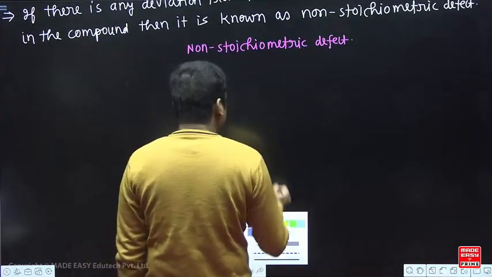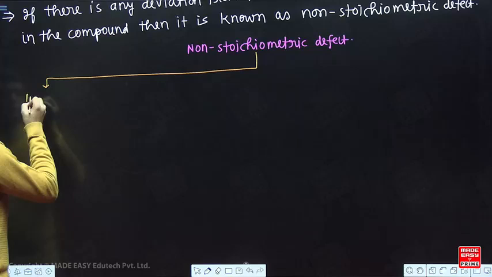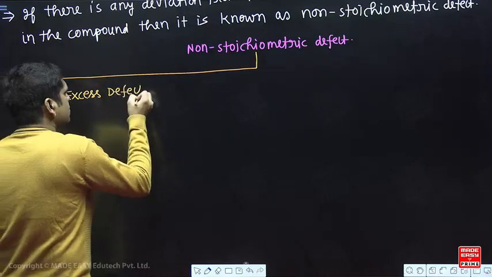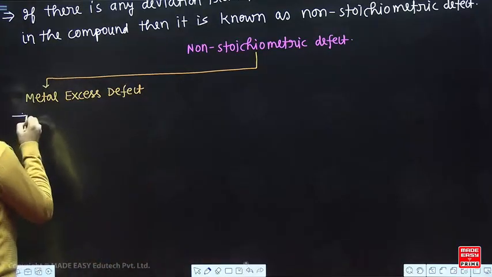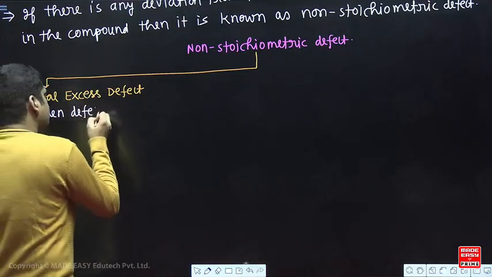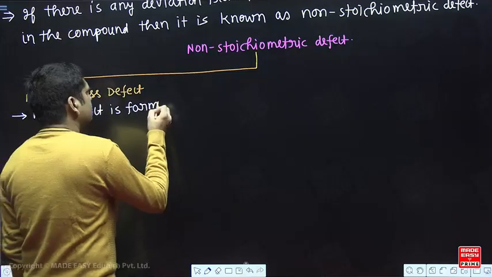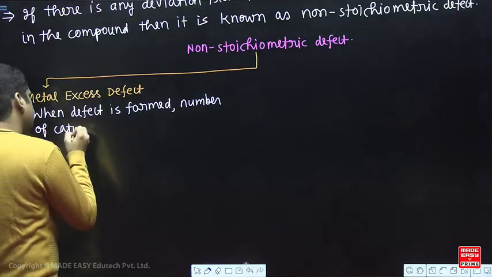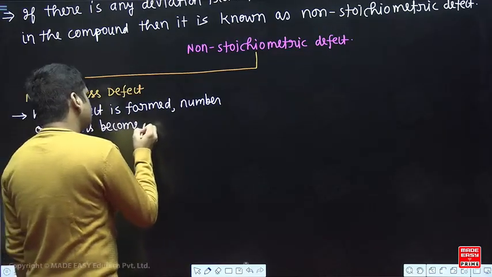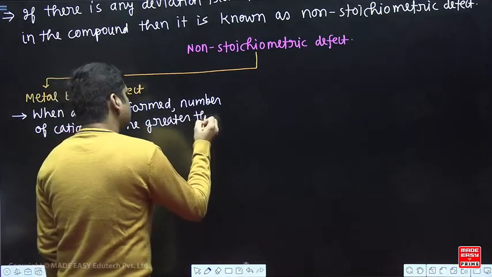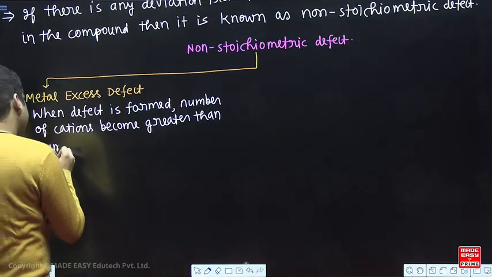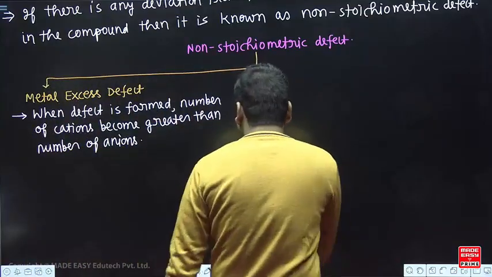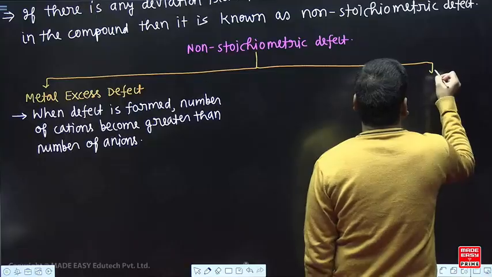First one is metal excess defect. When the defect is formed, the number of cations becomes greater than the number of anions. ठीक है, metal excess defect. Another one is metal deficiency defect.